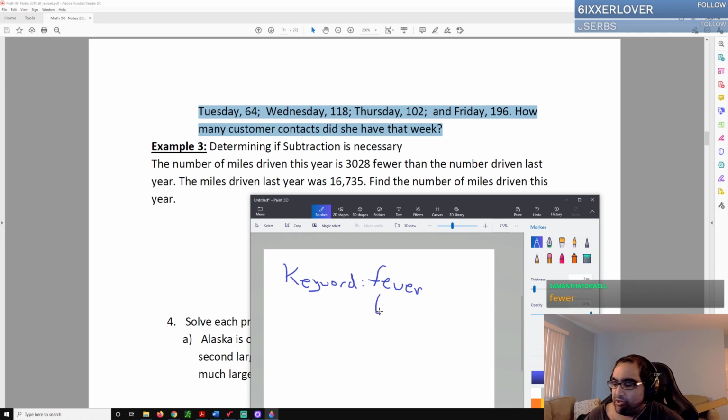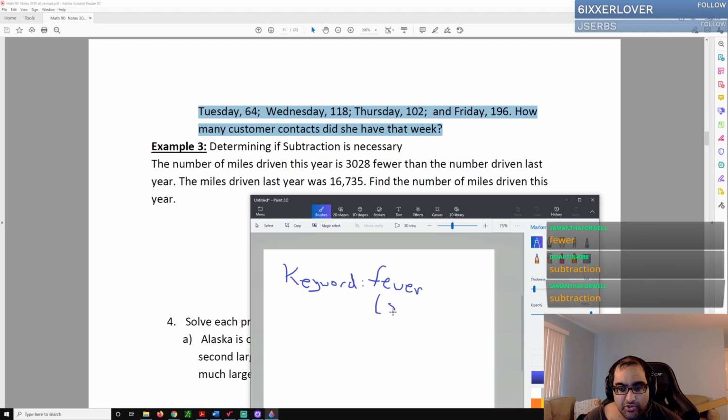And what does fewer represent? What operation does fewer represent? All right, subtraction. Good.